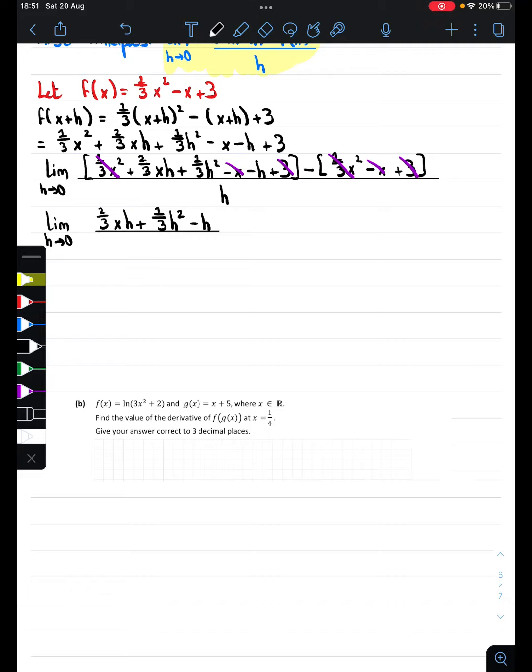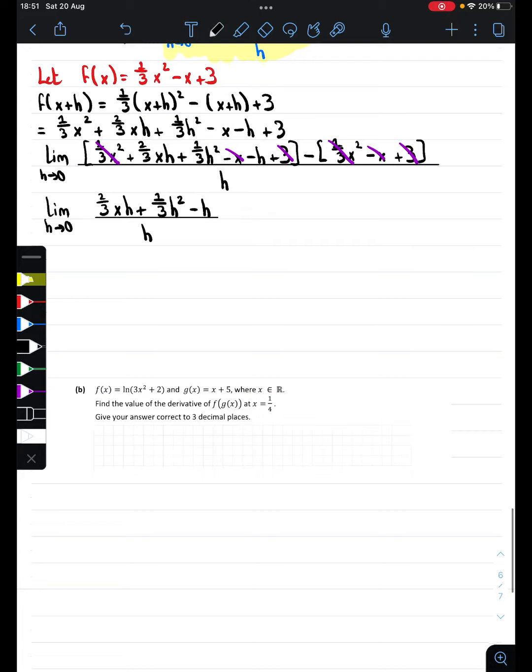all over h. And now the problem before was that if we let h get smaller and smaller, let's say we let h be all the way to 0, then we'd get 0 on the top and 0 on the bottom, and we don't know what that is. It's indeterminate. But now we can take out a common factor of h from the numerator.